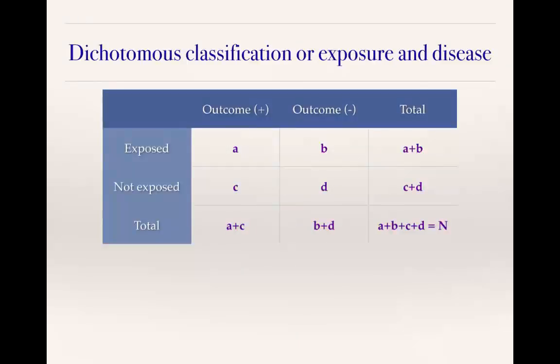So remember this dichotomous classification between our exposure and our outcome that we saw in the last two risk measures of association lectures. Again, we're going to see this again and again, and it is useful for both cohort and case control studies when we're comparing a risk.